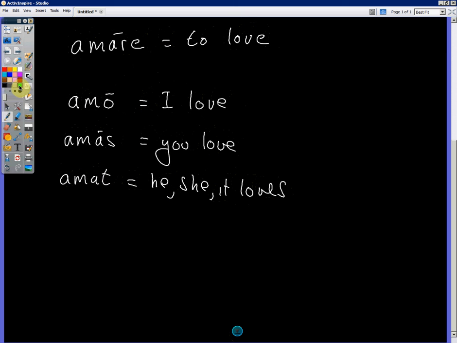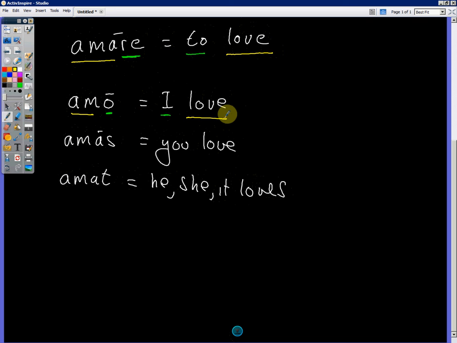For the infinitive, it was the re that means to, and the ama that means love. When we started the present tense, it was the o that means I, and just the am that means love.